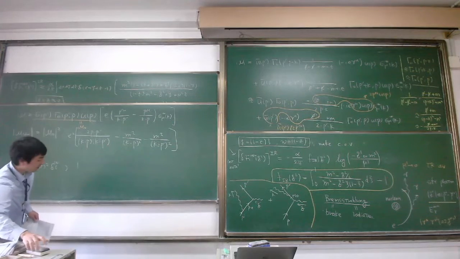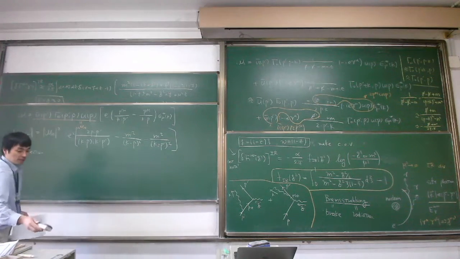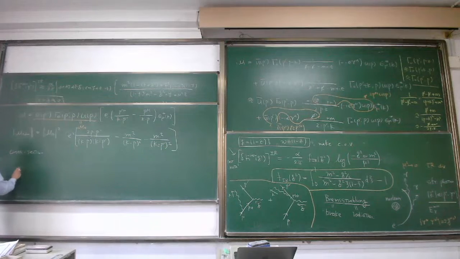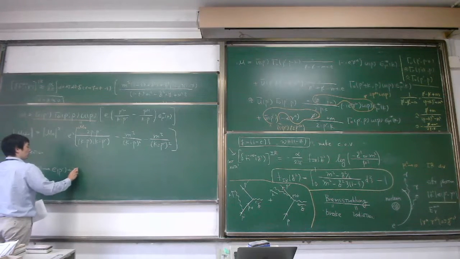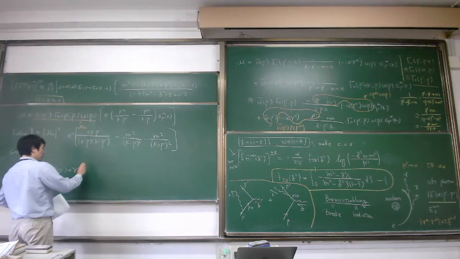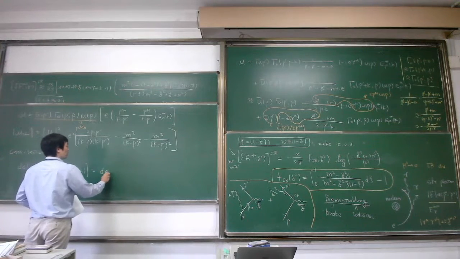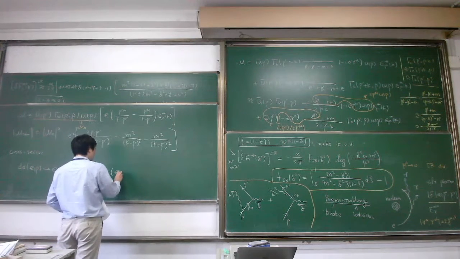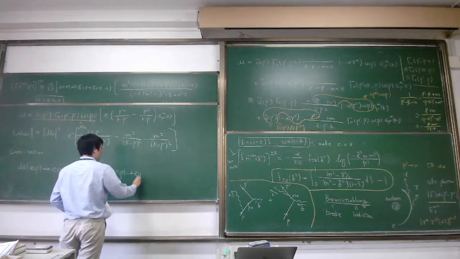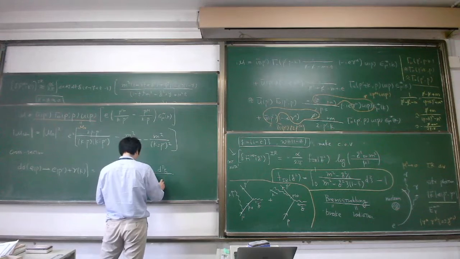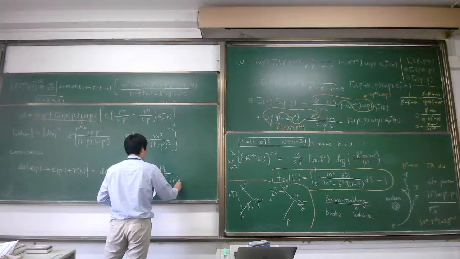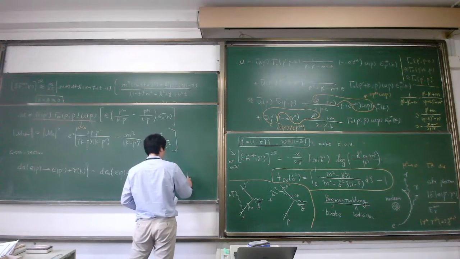So I think we just write down like this way. d sigma of e p goes to e p prime plus photon gamma is equal to d sigma 0, which doesn't have any photon, and M soft.